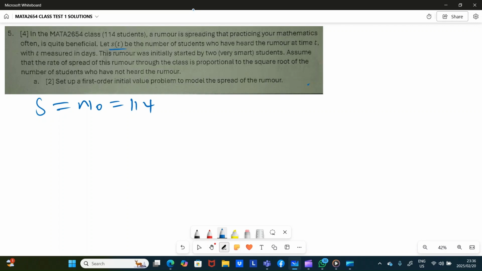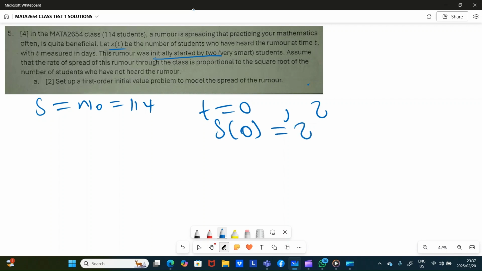They say let S(t) be the number of students who have had the rumor at time t, where t is measured in days. The rumor was initially started by two very smart students. So at the initial time, when time was zero, two students started the rumor. That is to say we have an initial condition: s of zero equals two.